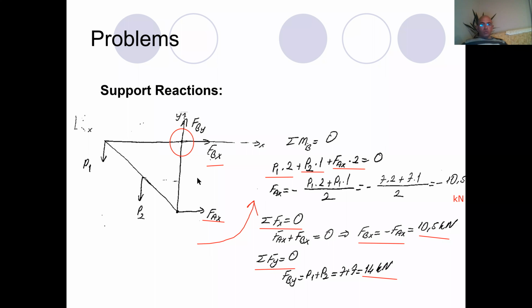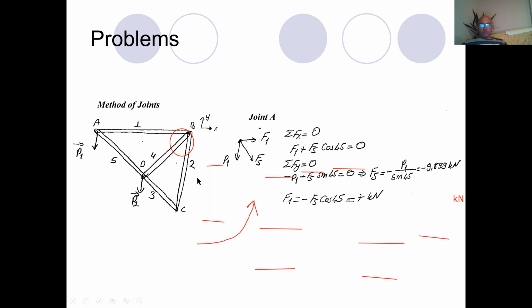Now next thing is to number the elements. Of course, we can number the members in different ways, but for the easiness, it's better to give a number. So from A to B, I say that it's member 1, truss member 1.